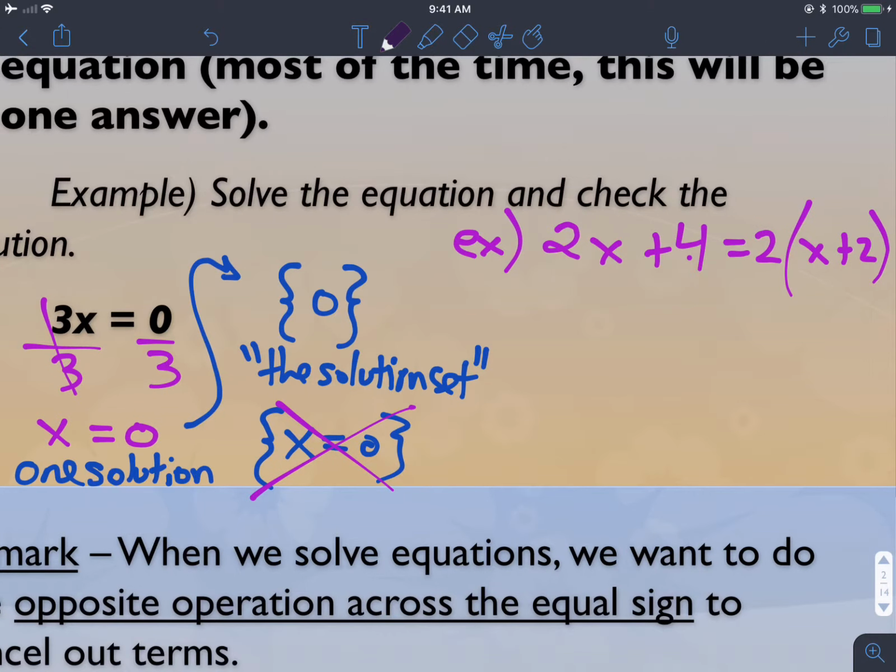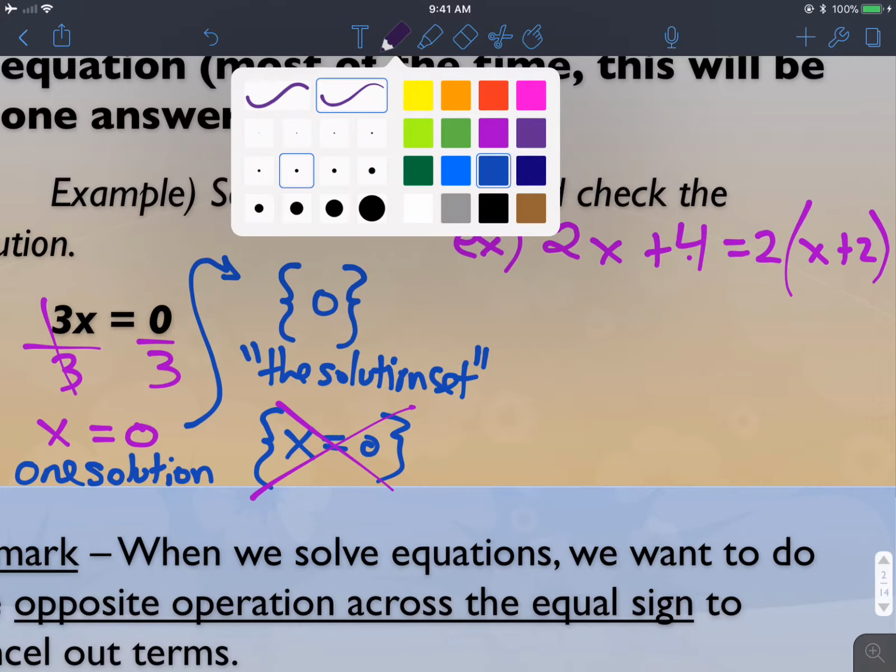Here's a different kind of equation. 2x plus 4 equals 2 parentheses x plus 2. Okay, so what I'll do is maybe distribute the 2.